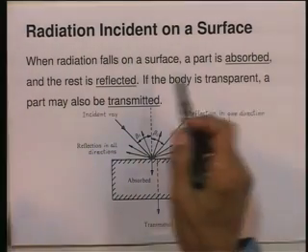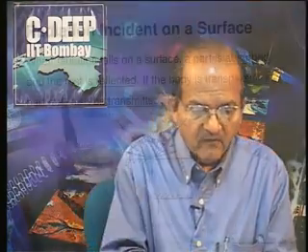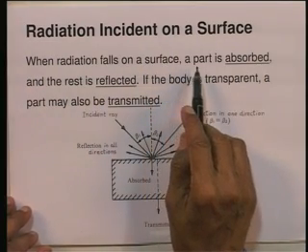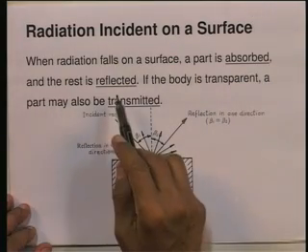This radiation which we are talking about may have come from some surrounding surface. It may have been emitted by some surface and then is falling on the surface with which we are concerned. Now, when radiation falls on a surface, a part of that radiation is absorbed and the rest is reflected.